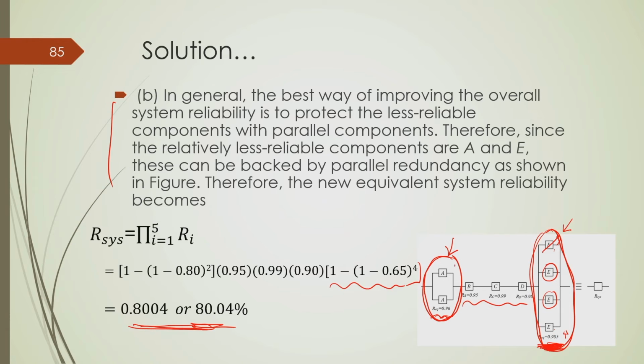Similarly, instead of 2 components of A, if you add another component, of course, the composite reliability level will be higher than 0.96, and that will make the overall system reliability higher than 80%. How many components you use for A and for E can be determined by a trial and error method.